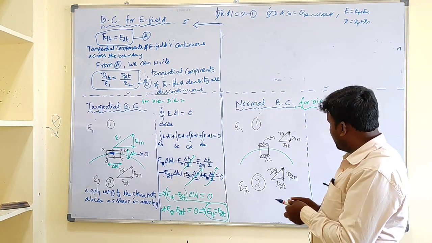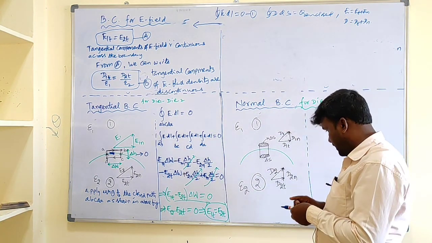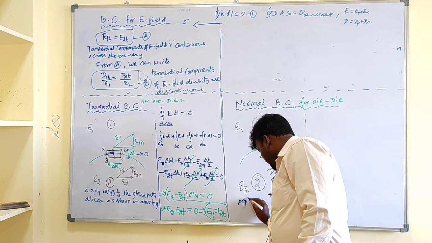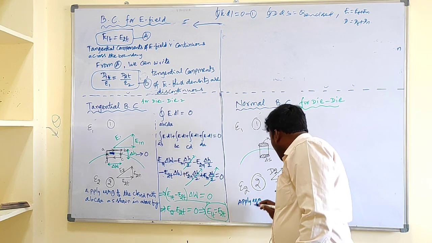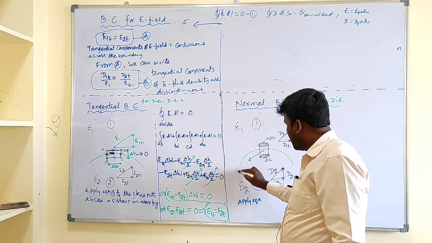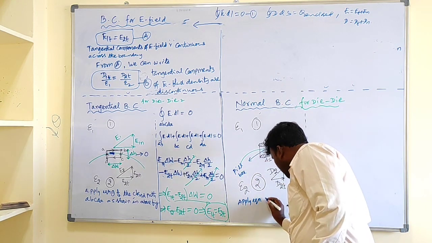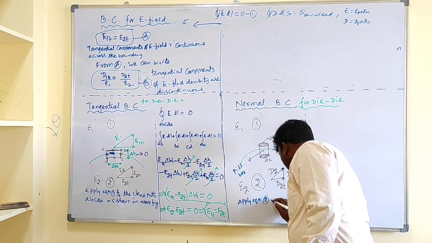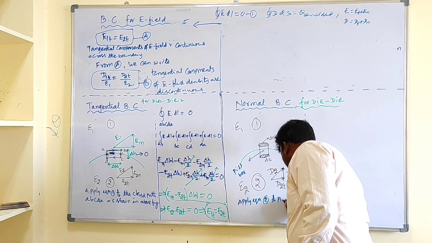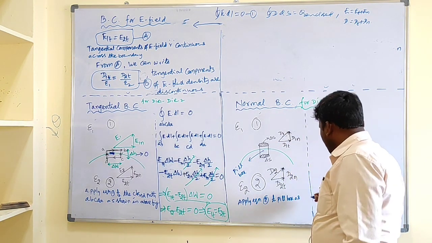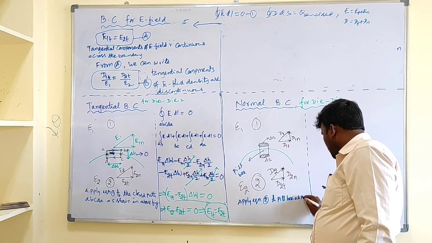Now let us apply equation 2 to derive these normal boundary conditions. Apply equation 2 to the pill box as shown in the above figure.